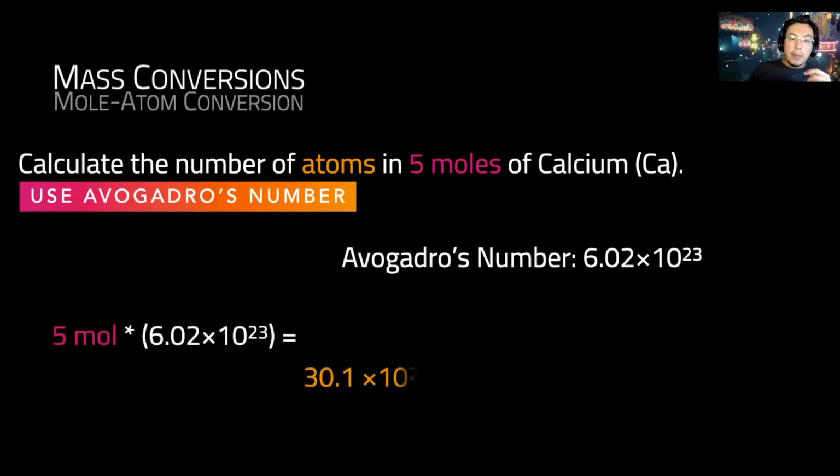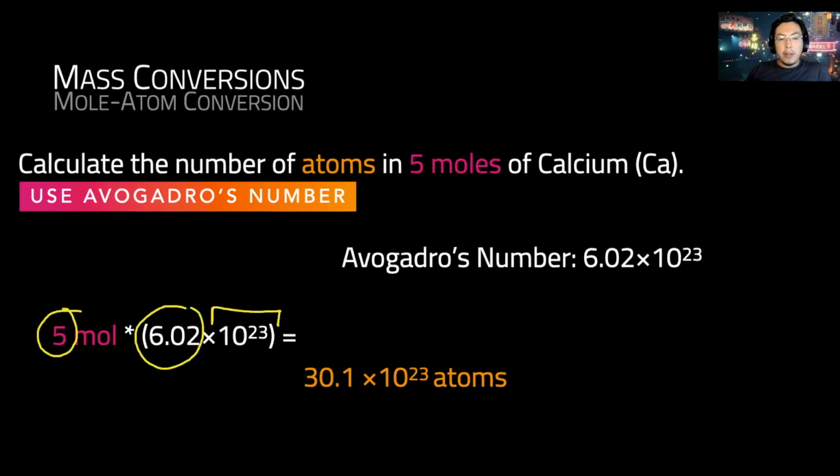Now, if you put in your calculator these two numbers and disregard the exponent, the answer you will get is this, because 6 times 5 is 30. It's important to know that if you just put this times 10 to the 23rd immediately here, this would be incorrect, or at least incomplete, not the final answer.